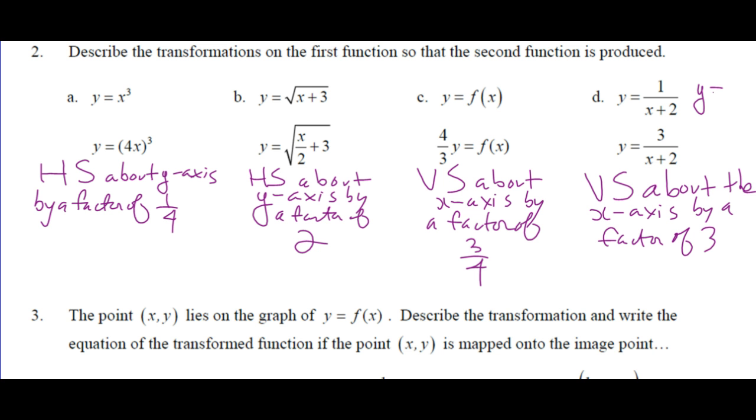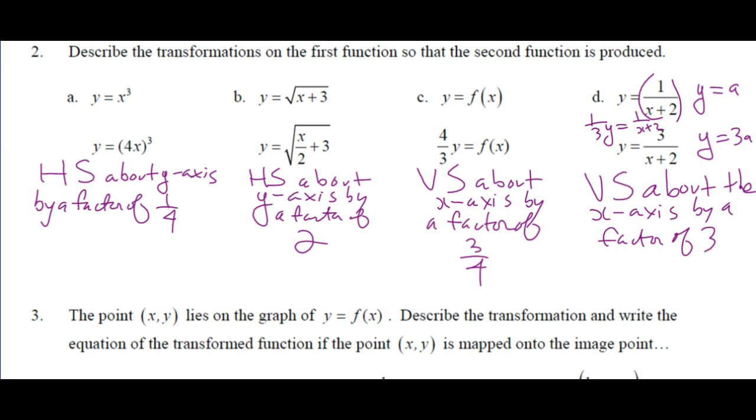You can think of this as y equals a, and this as y equals 3 times a. How do you get the 3 over top? Well, you multiplied this by 3, which means this started as 1/3 y is equal to 1 over x plus 2, and then became that. The 1/3 y is replaced by y, which results in a vertical stretch by a factor of 3. 1 over k, 1 over 1/3, is 3.